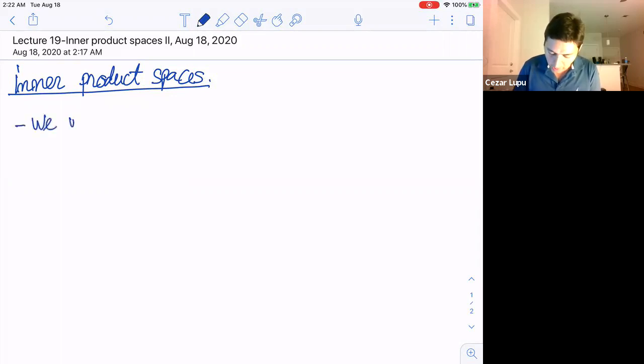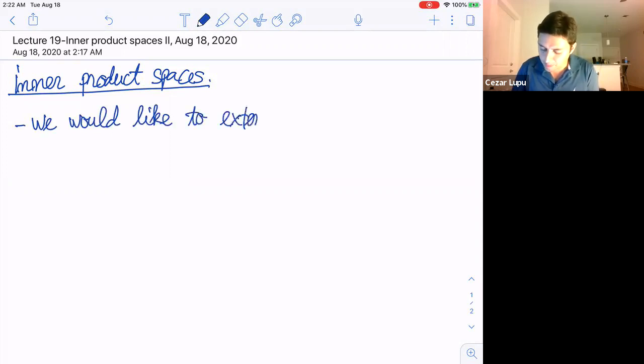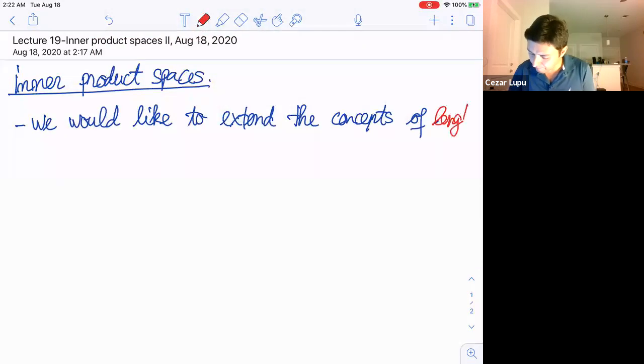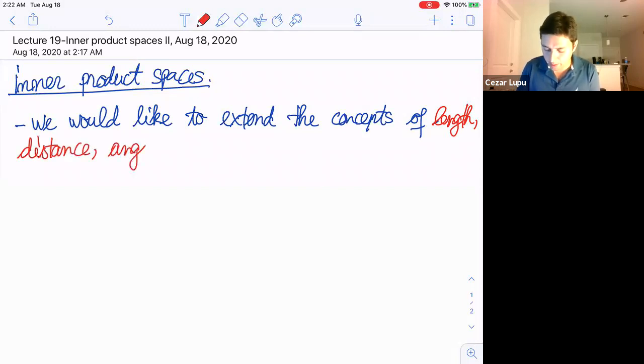We would like to extend the concepts of length, distance, angle.